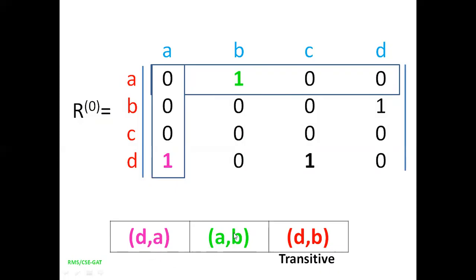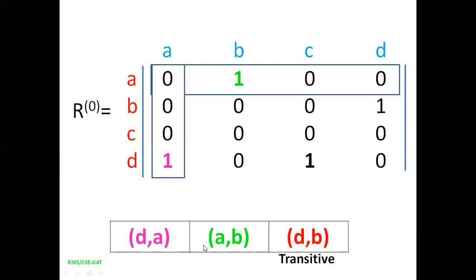Now I need to combine this to form a transitive edge. Here I have an edge from D to A and A to B. If we have D to A and A to B, then vertex A becomes an intermediate vertex and the edge D,B becomes my transitive edge.